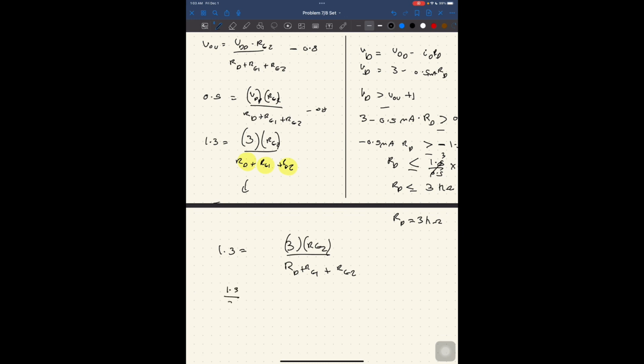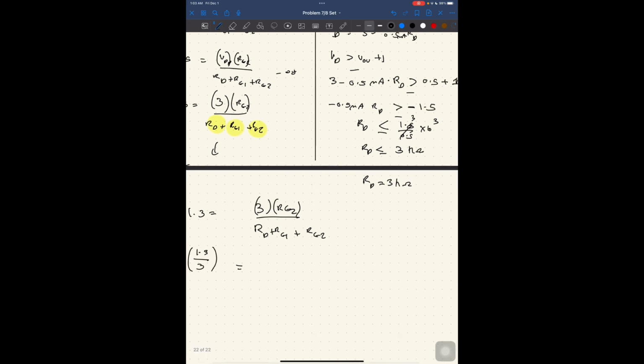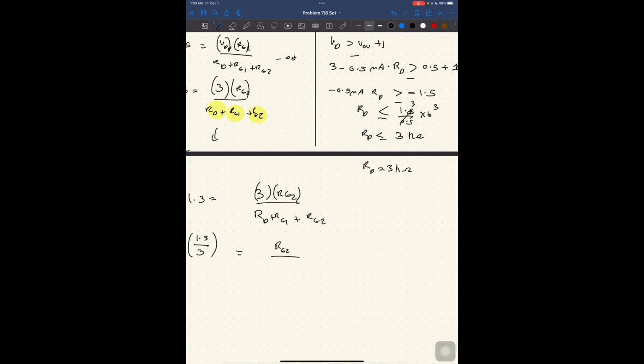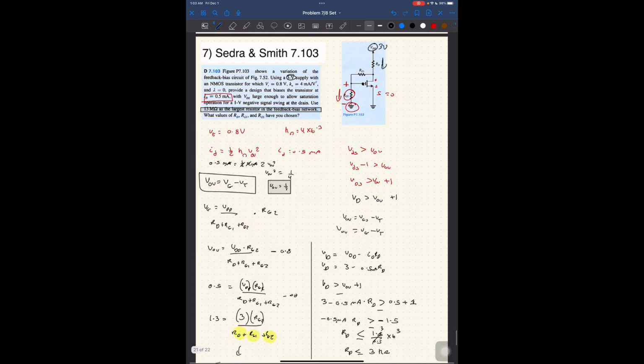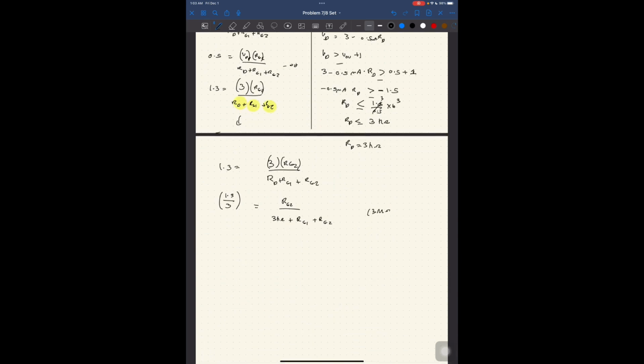So 1.3 divided by 3 is equal to RG2 over 3 kilo ohms plus RG1 plus RG2, right? And one of them has to be 13 mega ohms. So now it's just like an ansatz. I guess that RG1 is equal to 13 mega ohms. I cheated a little bit because I want to do the extra work.